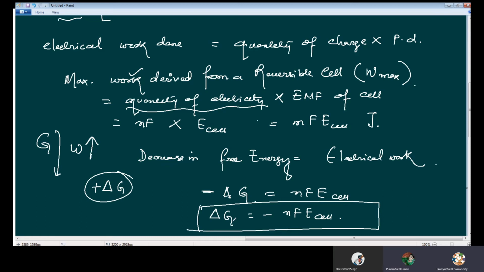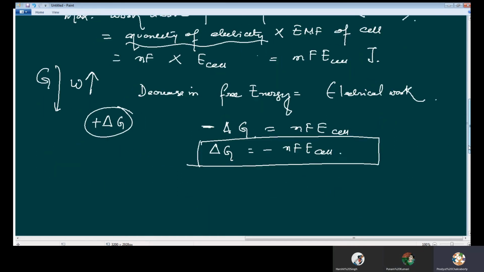So this is the expression for the change in Gibbs free energy. Now one thing here: if the standard EMF of the cell is given, then it gives me the standard decrease in the Gibbs free energy. Remember.